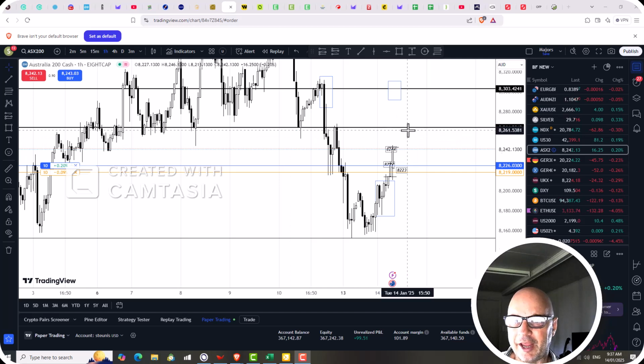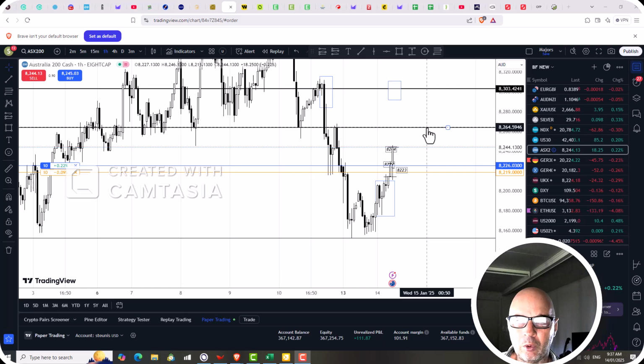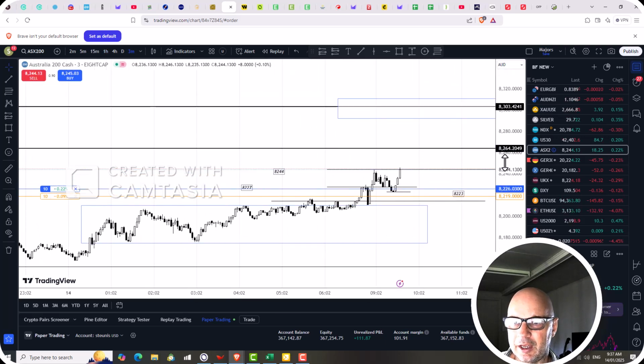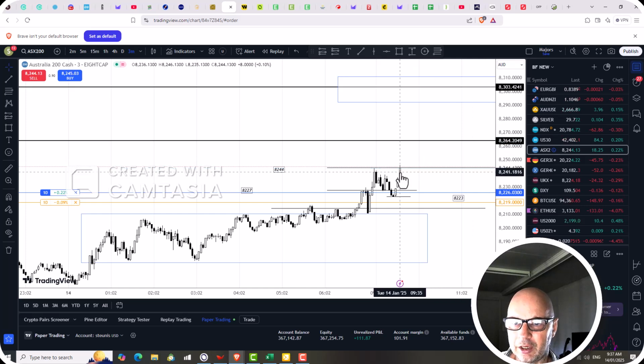And then if we look at our hourly chart, we can definitely see this 82.63 level, this high low here. That's going to be a fairly key level, so potential short here at 82.64. Back to our 3 minutes, see what we're doing. So yeah, looking like we just need that push through again, and then we're going higher.